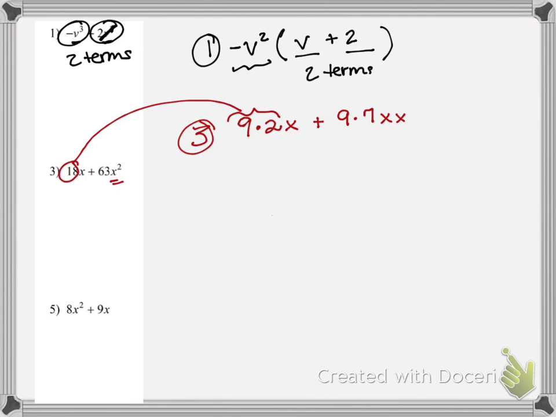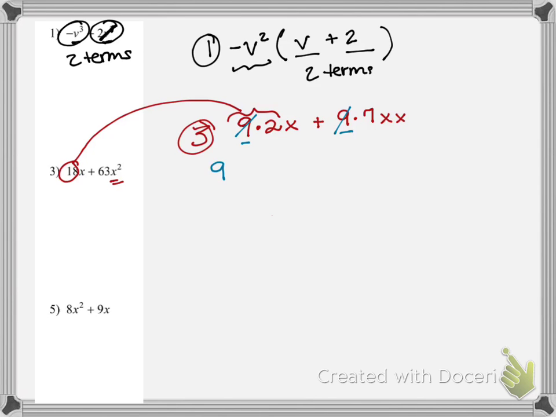So what I'm going to be doing to take a GCF out is basically writing down everything that the two terms have in common. So notice that they both have a 9, so I'm going to write down a 9, and I'm going to scratch out the 9.